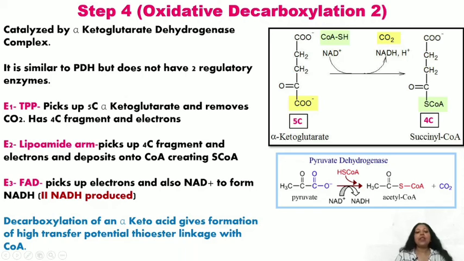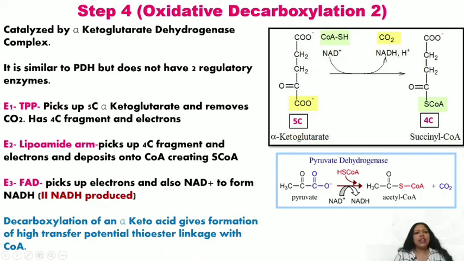Similar. So the decarboxylation reaction of an alpha keto acid, alpha ketoglutarate being an alpha keto acid. The carbon atom directly attached to the functional group is known as alpha. So it's an alpha keto acid which gives rise to the formation of a high transfer potential thioester linkage with coenzyme A, forming, sorry, succinyl coenzyme A, correct.